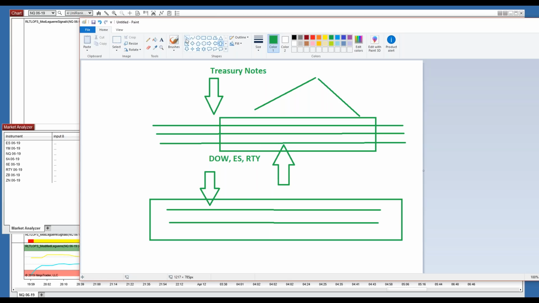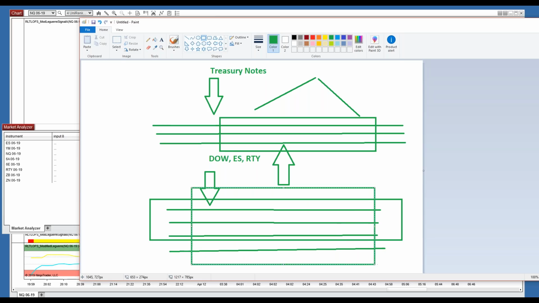If you have the 2 quants, because we're tracking those 3 markets on multiple time frames, and both Laguerres, long-term and short-term, and all 4 of these lines are green, the analyzer is going to give you a signal to go long.